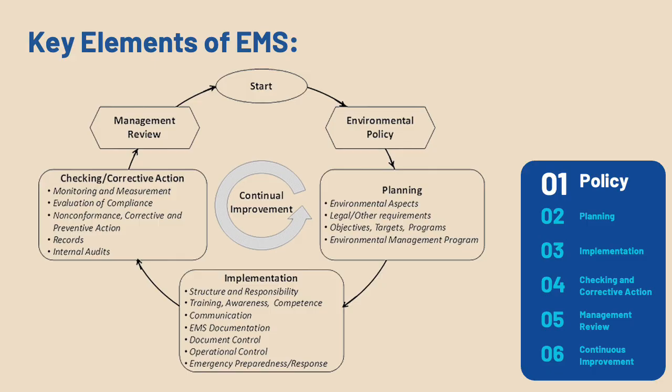Next is implementation, where plans become reality. And then checking and corrective action, which ensures things stay on track. We also have management review, where leaders evaluate the system's performance. And finally, continual improvement, where companies refine and elevate their EMS over time.